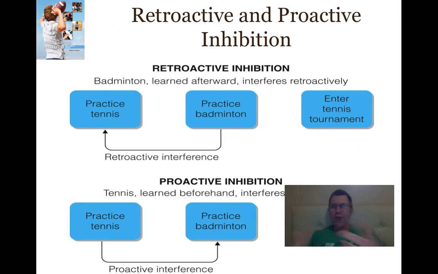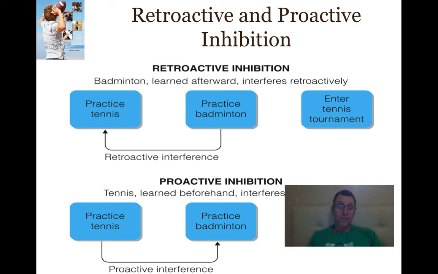Here's a graphical representation of the two. This is using badminton and tennis as an example. In the retroactive inhibition example, you practice tennis first, then you go to practice badminton, and at the very end, you practice tennis again. Retroactive is where practicing badminton after already playing tennis is going to mess up your tennis.